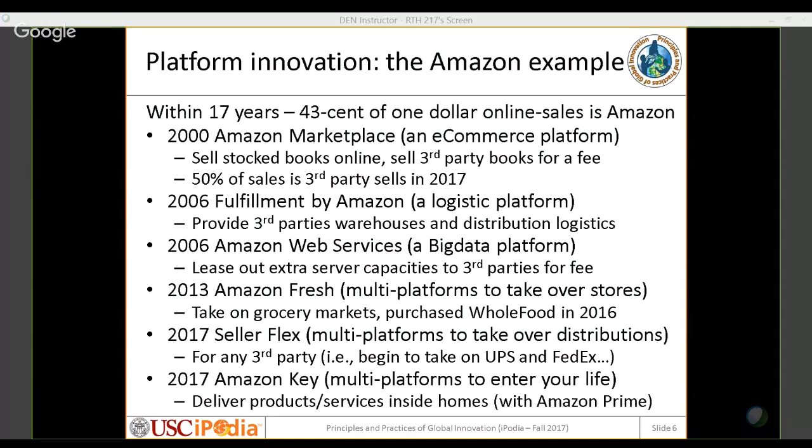Now, the last one that Amazon is currently doing, which I'm not sure is a good idea or not, but maybe I'm wrong, because they have been successful so long. There's a new program called Amazon Keys. Have you heard of this? You will actually allow Amazon to deliver the package, enter the door of your house, and put a package inside.